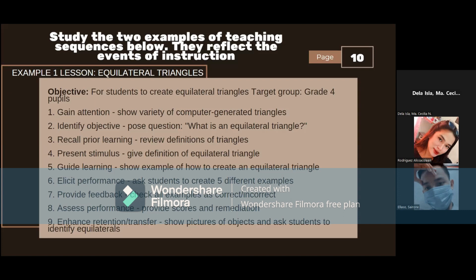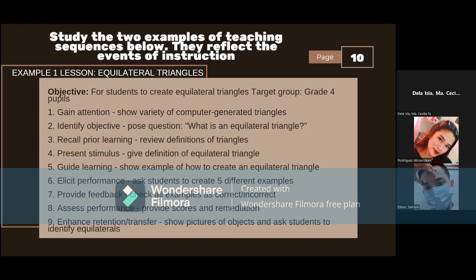Bago papasok sa number 4, yung present stimulus, yung give definition of equilateral triangle. So here, after recalling the previous lesson, i-connect na ngayon or magkakaroon na ng proper discussion about the present presentation. So number 5 is guide learning. Show example of how to create an equilateral triangle.